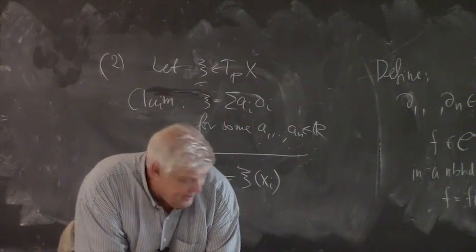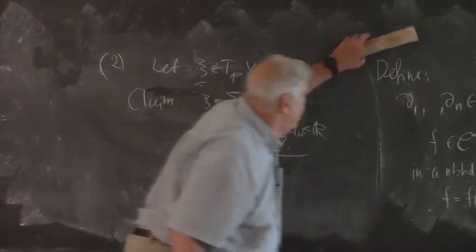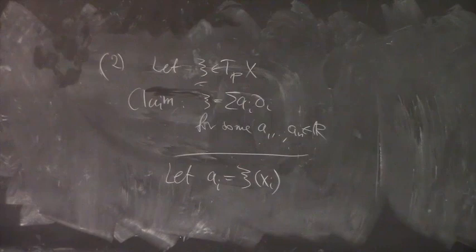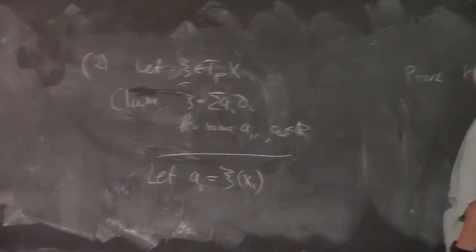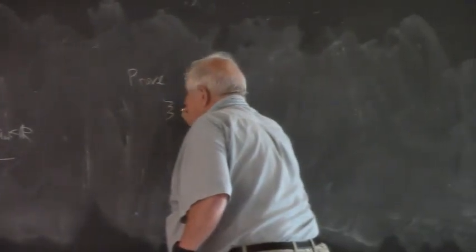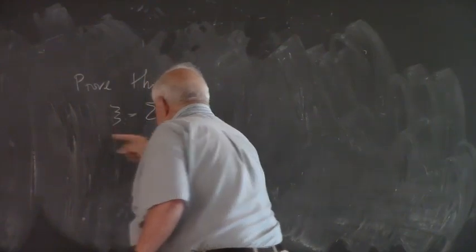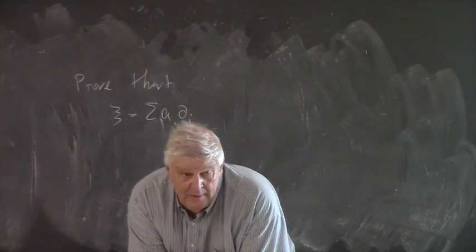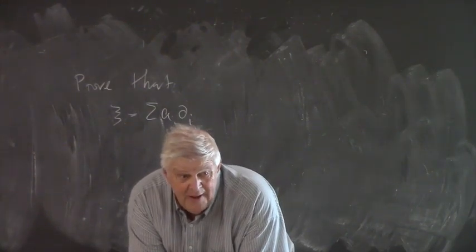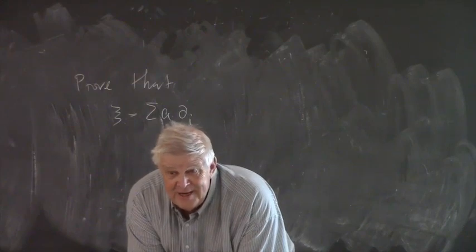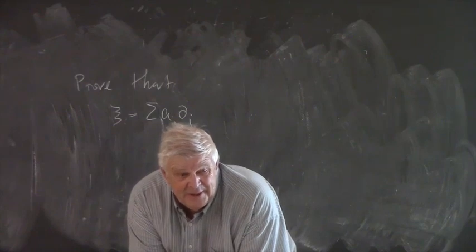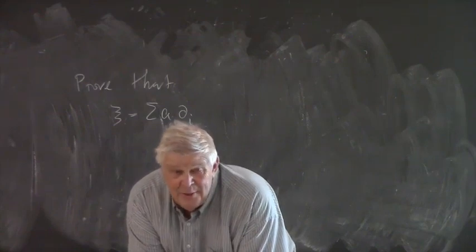So ai is here. And then we want to prove that xi is equal to the sum with these ai's. Well, to prove that two tangent vectors are the same, we need to prove that whichever function we take, the values of the left-hand side and right-hand side of this equality on this function will be the same, right? So we have to take an arbitrary function.